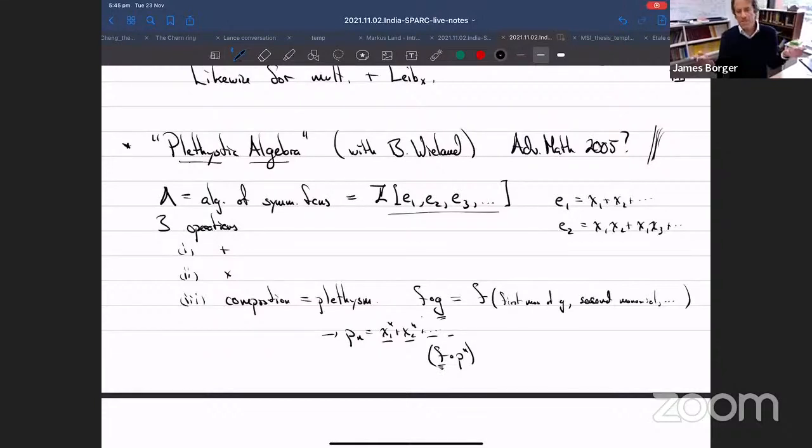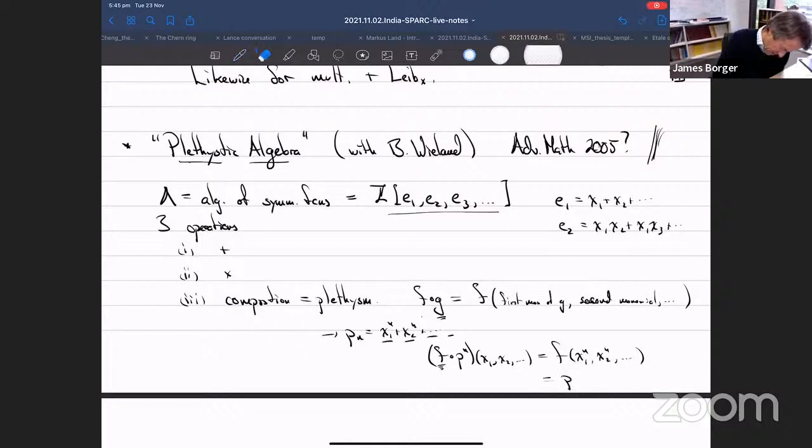So it's just the same polynomial but with all the variables raised to the nth power. Maybe I can write it this way. This is equal to f of x1 to the n, x2 to the n.